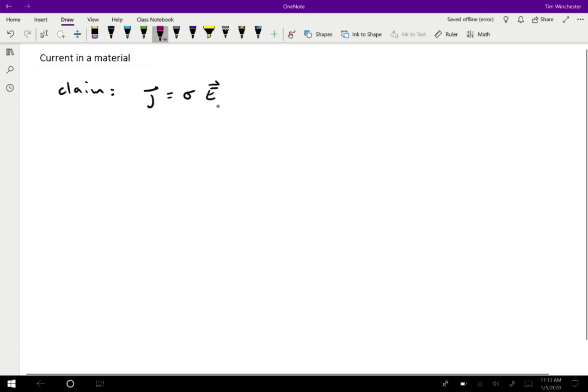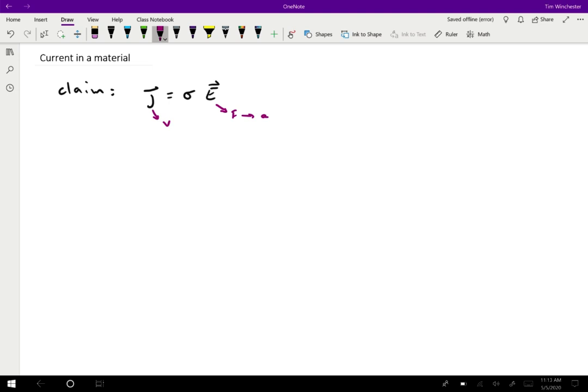In particular, the electric field should be related to the force, which should be related to the acceleration. But meanwhile, the current density is related to the speed. All right, so saying that something related to the speed is proportional to something related to the acceleration, that does not seem obviously true. In fact, that usually would be an incorrect claim to make.